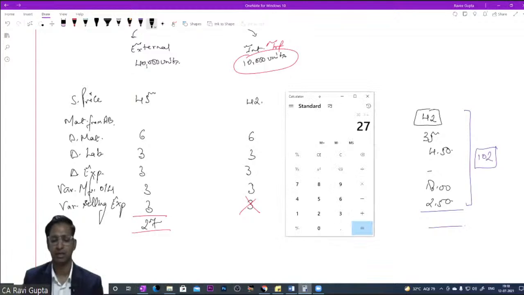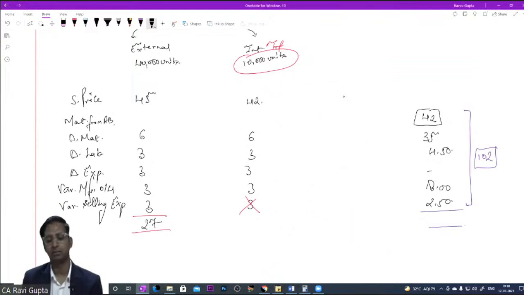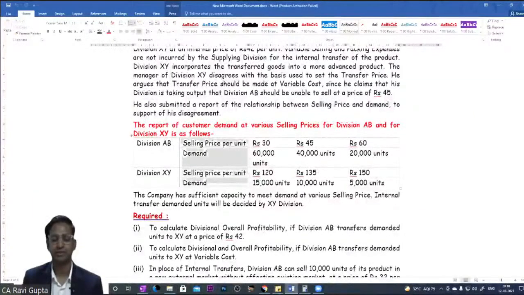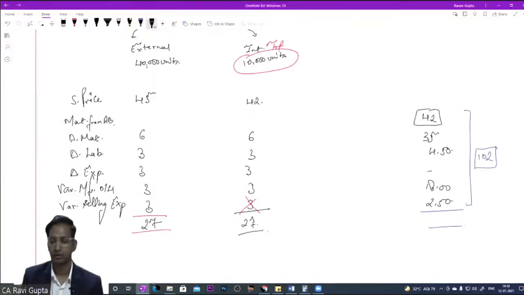And here, 42 minus 6 minus 3 minus 3 minus 3, so it will also be 27 rupees. And the selling price is 135 rupees for division XY. So 135 minus 102 becomes 33.